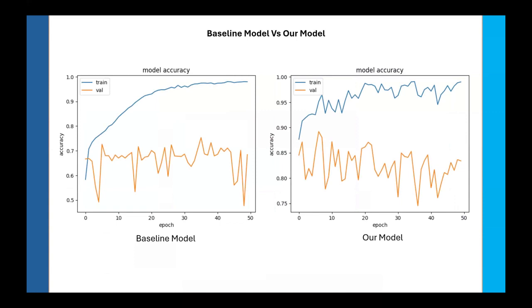You can see our model accuracy versus the baseline model accuracy here, where our model accuracy reached around 100% at the end, and our validation accuracy is always above 80% compared to a baseline accuracy of around 70%.